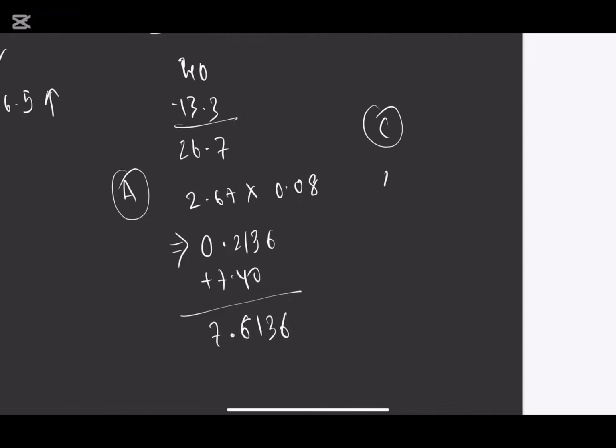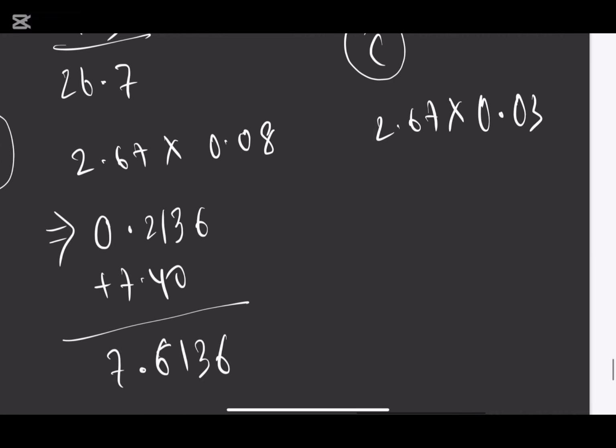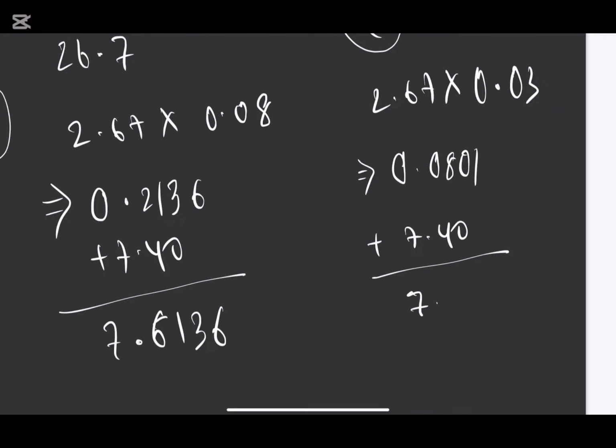For chronic, we have 2.67 into 0.03, which is 0.0801, plus 7.40, 7.4801.